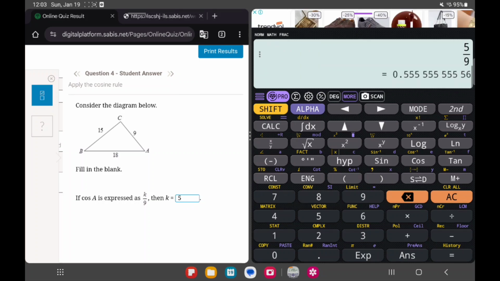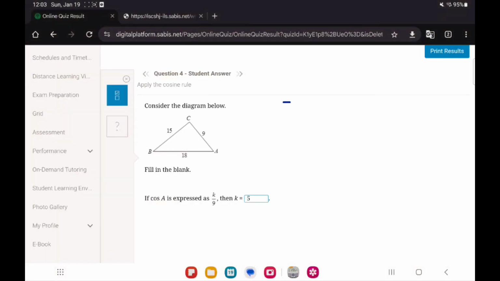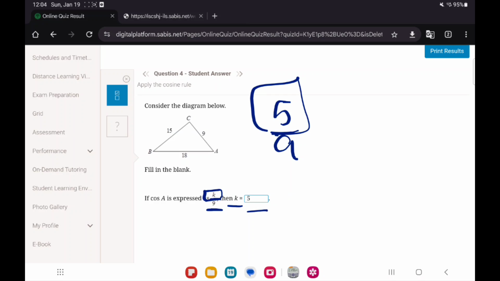And your answer is 5 over 9, okay? Remember that answer. Let's clear it up. It's 5 over 9, our answer. They already give you 9, they only want k, okay? So our k is 5. And that's literally how you get the answer.